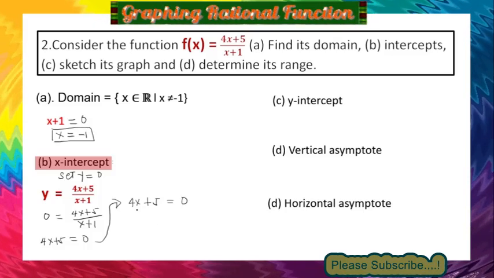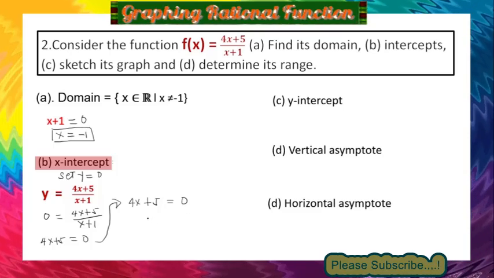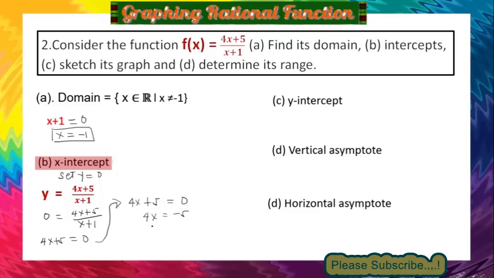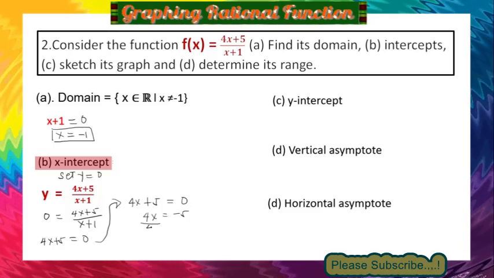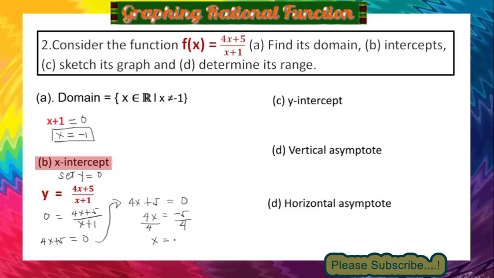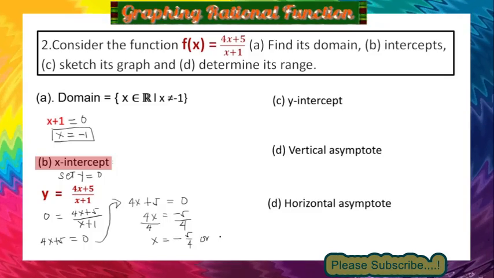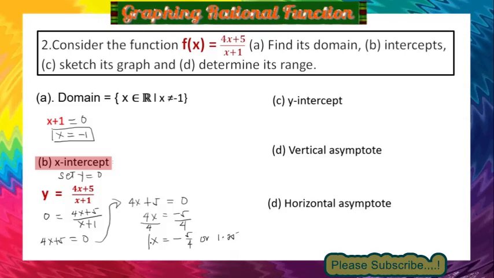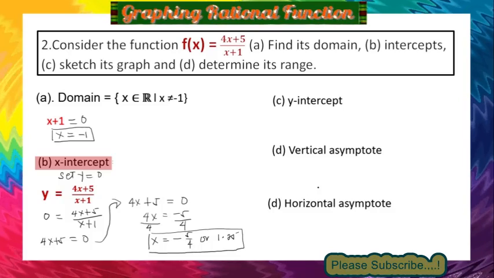Then we transpose this to the right hand side, so what is left is 4x equals negative 5. Then divide both sides by 4, so the remaining is x equals negative 5 over 4, or -1.25. Okay, so this is our x-intercept.